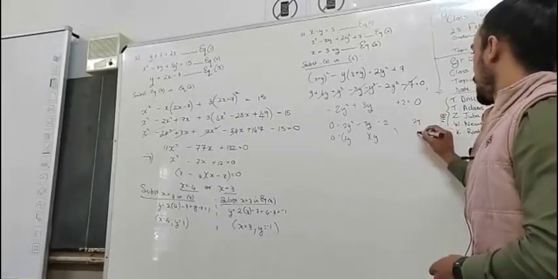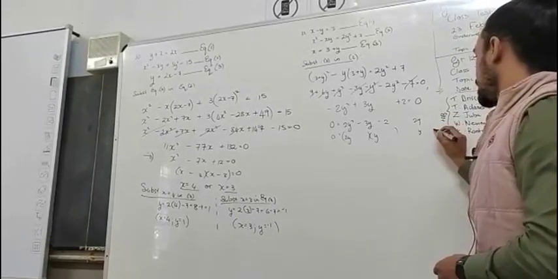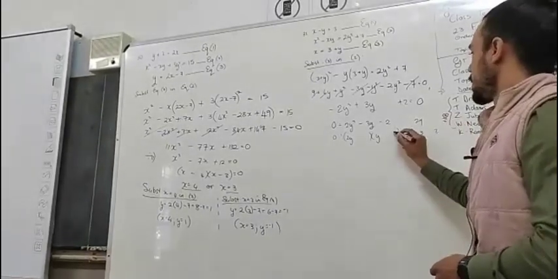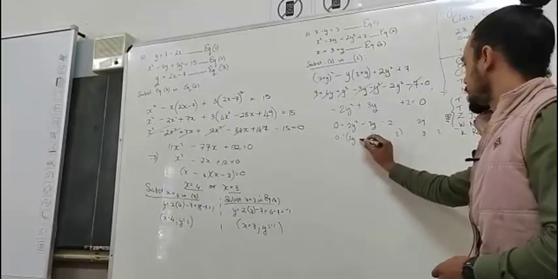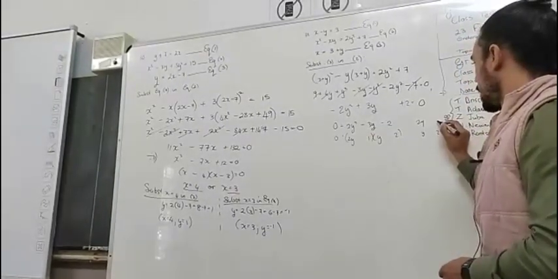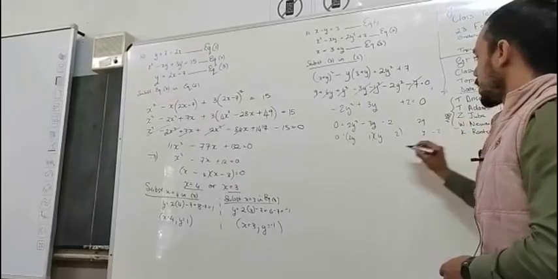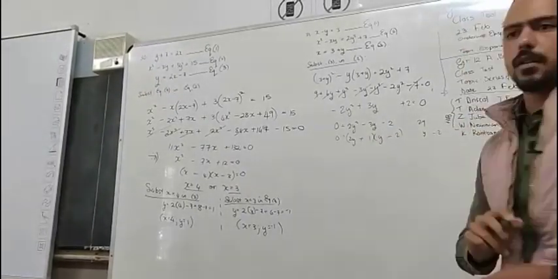Alright, 2y and y, so there needs to be 2 and there needs to be 1. So this needs to be negative there, and a positive there.